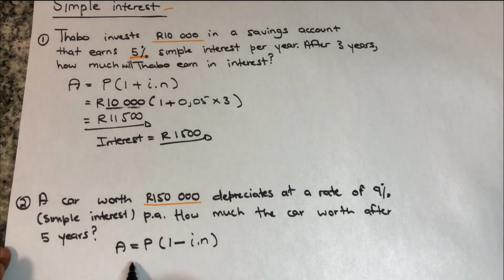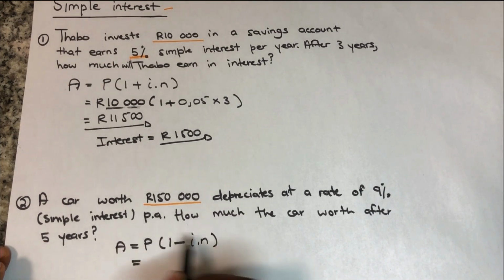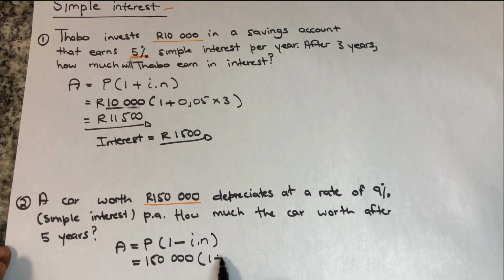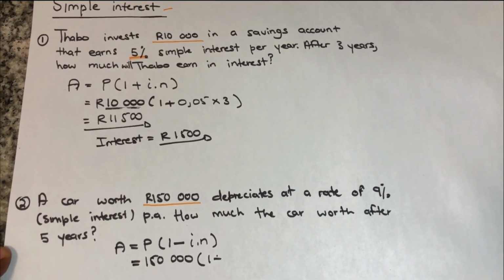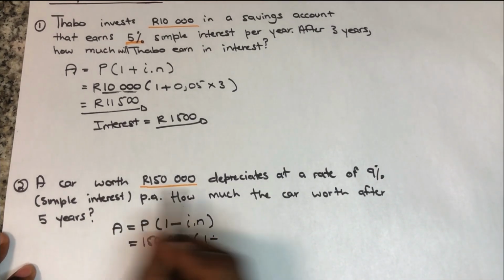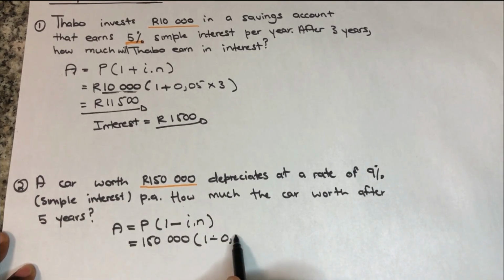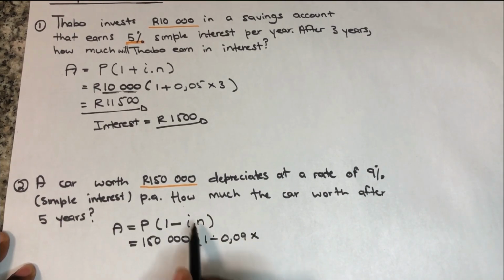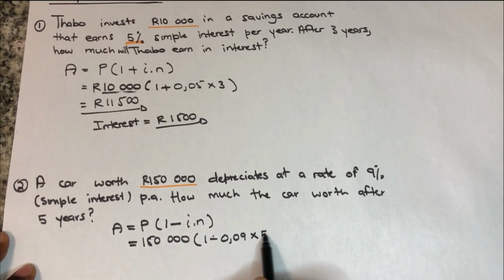So the accumulated amount we're looking for after 5 years is equal to the principal amount, which is initially 150,000 rands, times (1 minus the interest, 0.09, multiplied by the number of periods, which is 5 years).